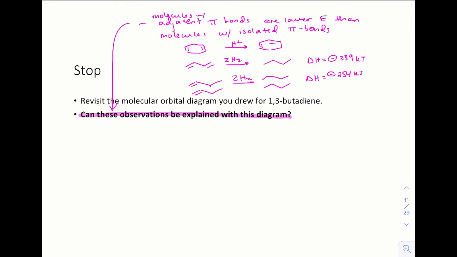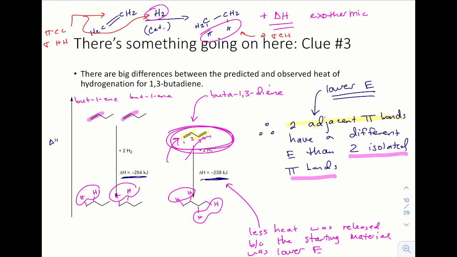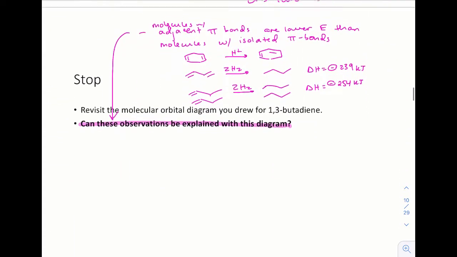Let's be sure we have that. Less heat was released in this hydrogenation because the starting material with the two adjacent pi bonds was lower energy. It started out at a lower energy spot. Okay, the two adjacent pi bonds, lower energy than two isolated pi bonds. That's why it's down here and these molecules are up here. So that's our first piece of evidence.